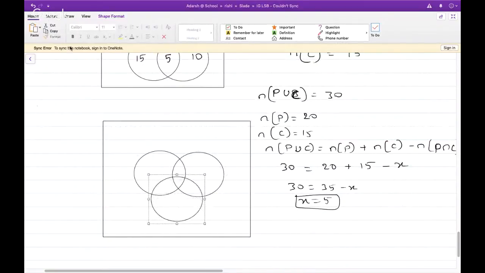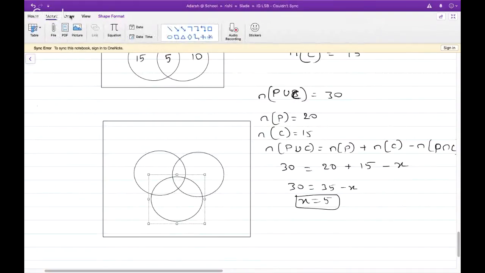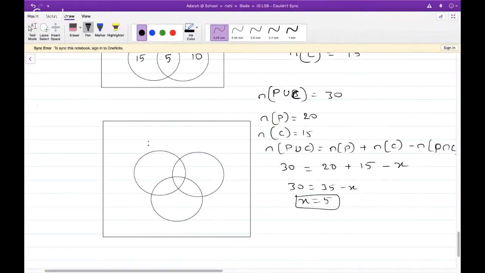Three things are there. Let me call them physics, chemistry, and bio. So this intersection part is physics intersection bio. This part is physics intersection chemistry. This part is chemistry intersection bio. So the middle part here is the intersection of all three things together.